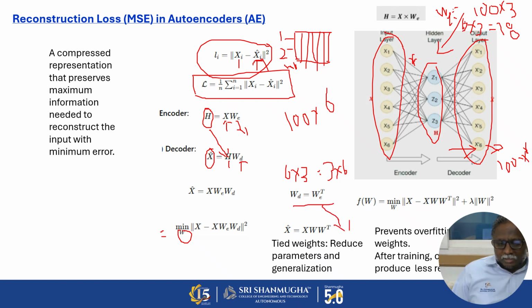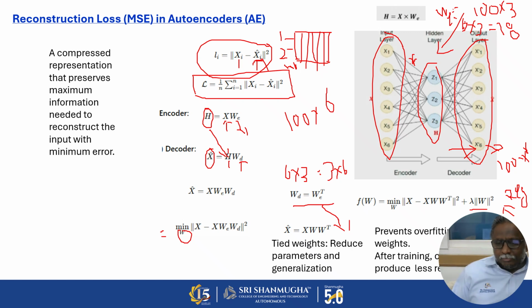When you have these tied weights, it can reduce the parameters and generalize well. To prevent overfitting issues, we can use the regularization parameter, as we have seen. This is called the regularization parameter, lambda. When you apply it, it tries to prevent overfitting and keeps the weights small.